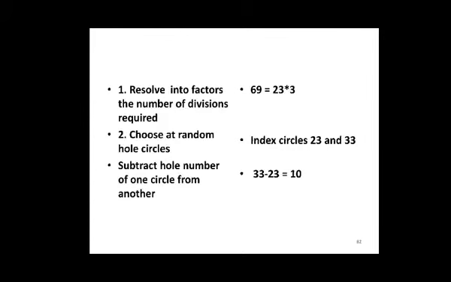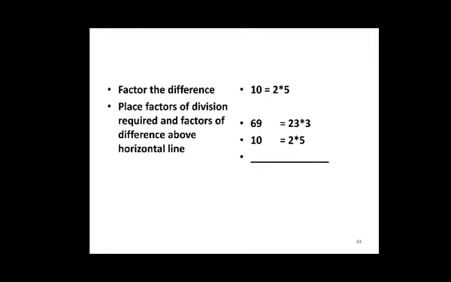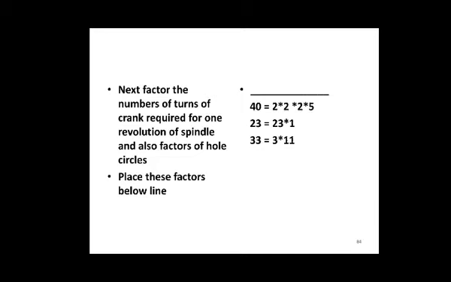Place the factors of divisions required and the factors of the difference above the horizontal line, and next, the numbers of turns of the crank required for one revolution of the spindle and also the factors of whole circles. Place these factors below the line, so you will get such a thing.